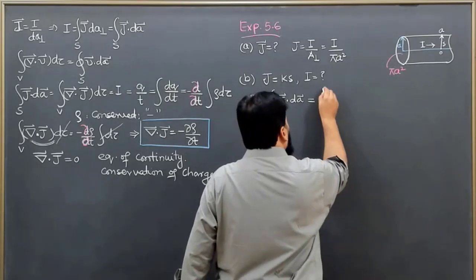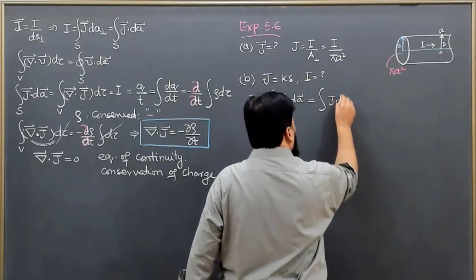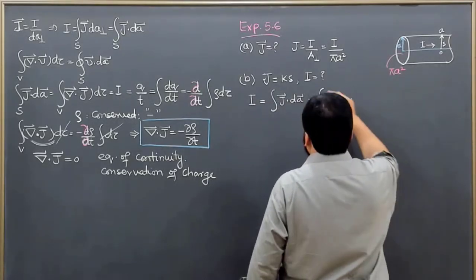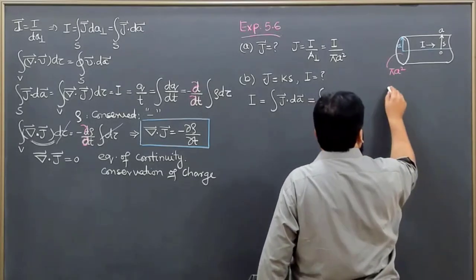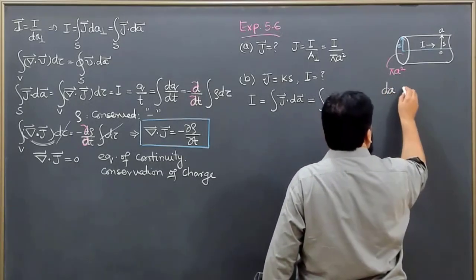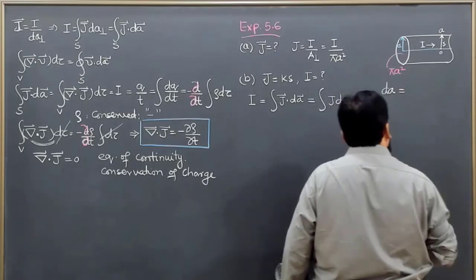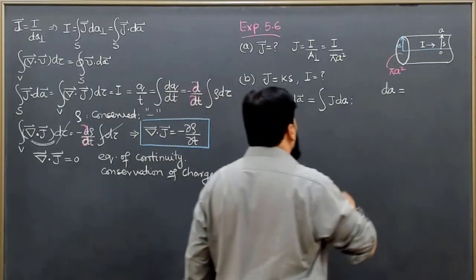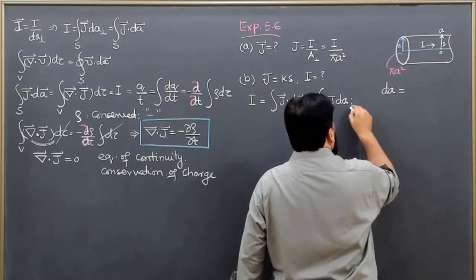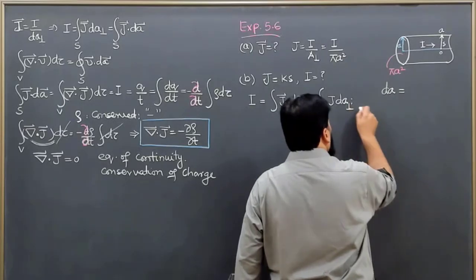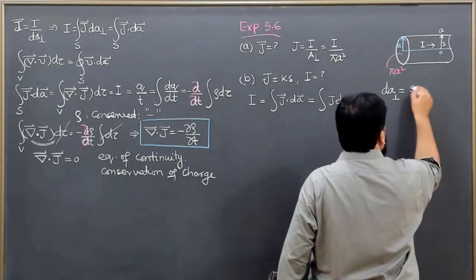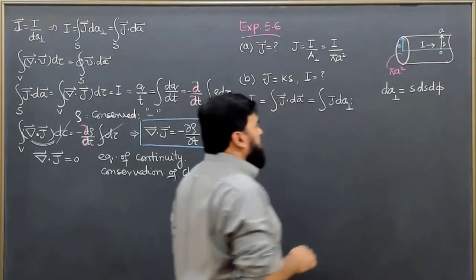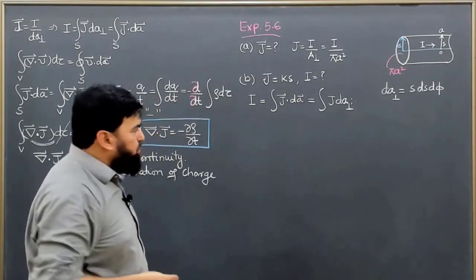Now about J, we know that J is equal to Ks, but what about dA? In cylindrical coordinates, we have formed that dA perpendicular is equal to s ds d phi, where phi is running from 0 to 2 pi.